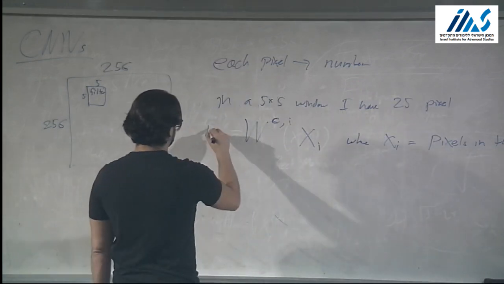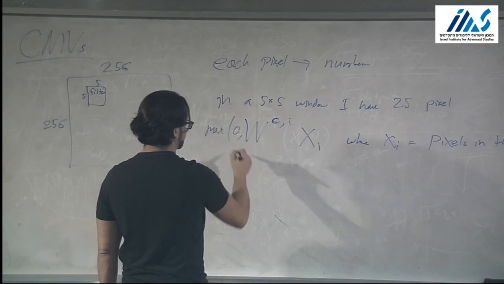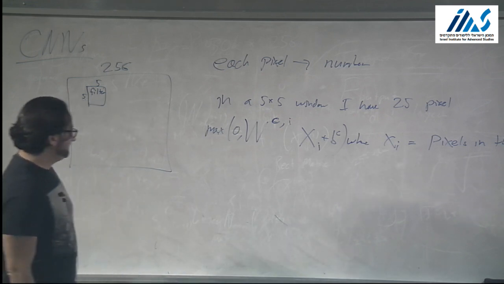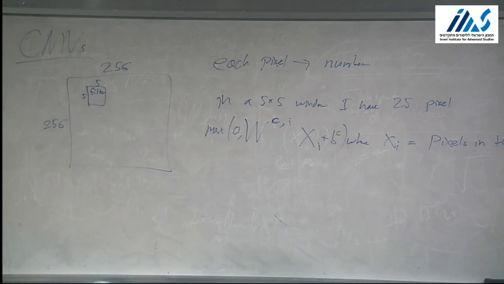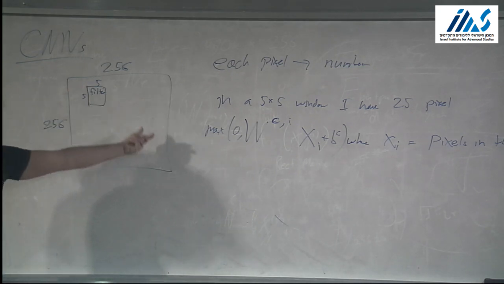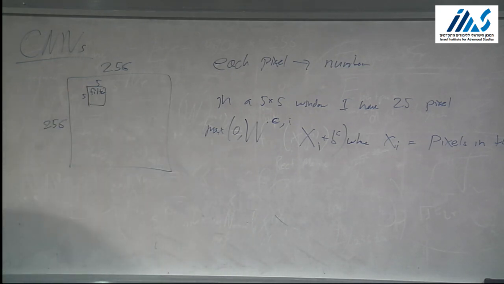And I can make this nonlinear, so I can do this. And now I can run this filter translationally invariantly over the whole image.